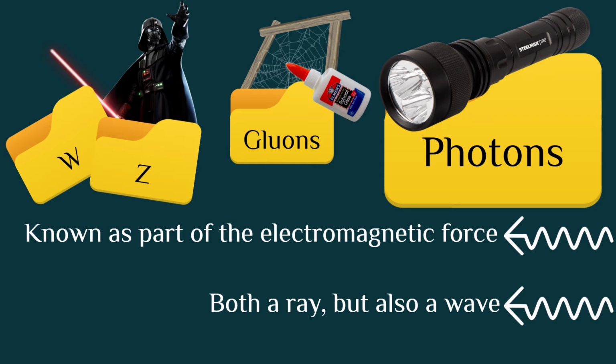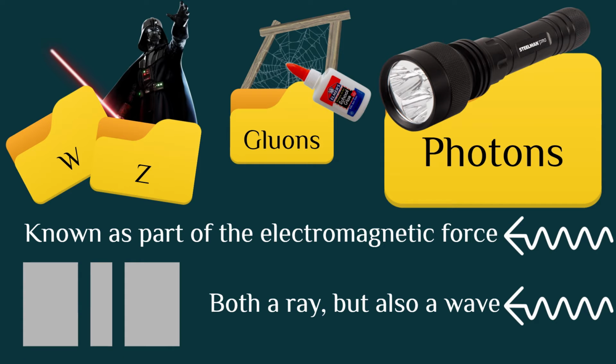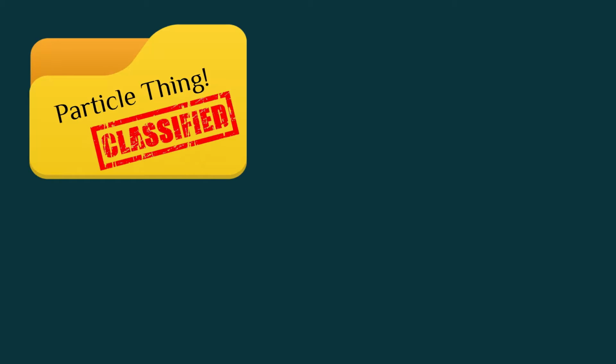And the reason we know this actually is a really interesting and famous experiment called the double slit experiment, where a bunch of photons were shot at two slits, and depending on whether they were rays or waves, they would have done different things, but for some reason they did the same thing, so we've kind of come to the conclusion that they are both rays and waves.